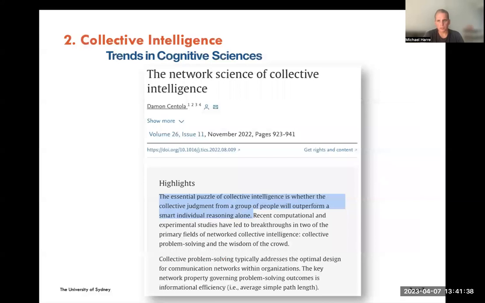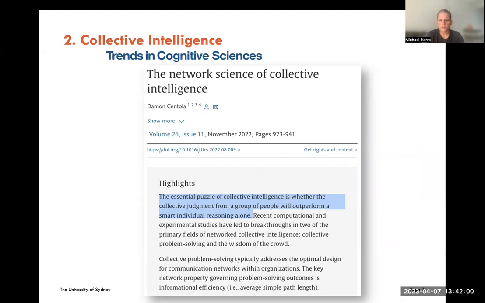Of course, one of the other things that we can get from more of a collaborative perspective with artificial intelligence is this idea of collective intelligence. So collections of humans, of course, when they interact with one another, are able to do more collectively than they are able to do individually.